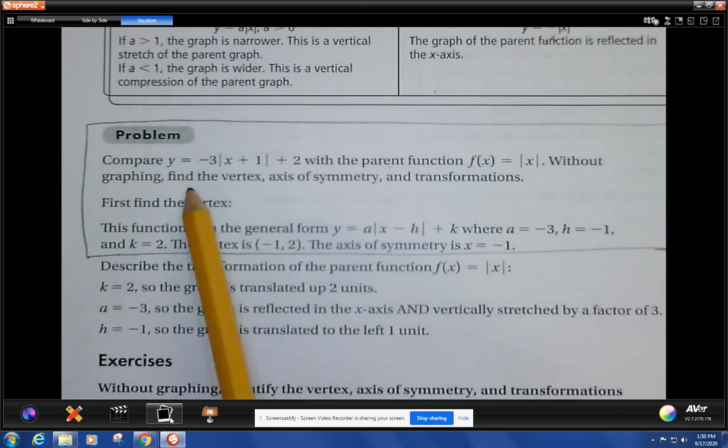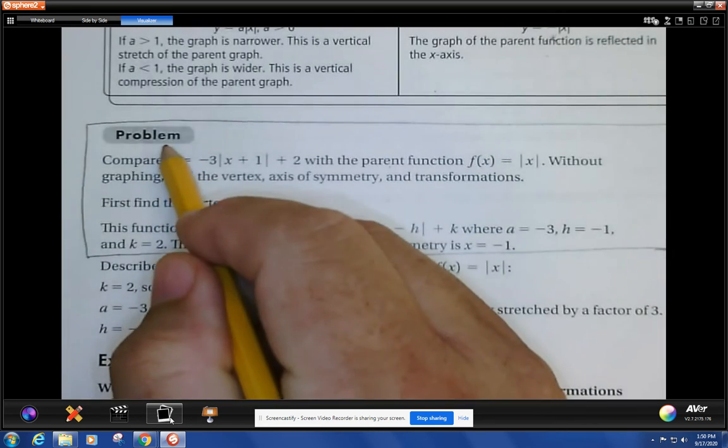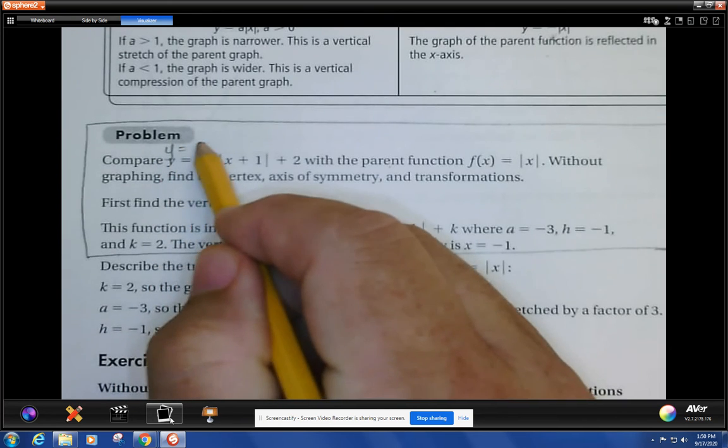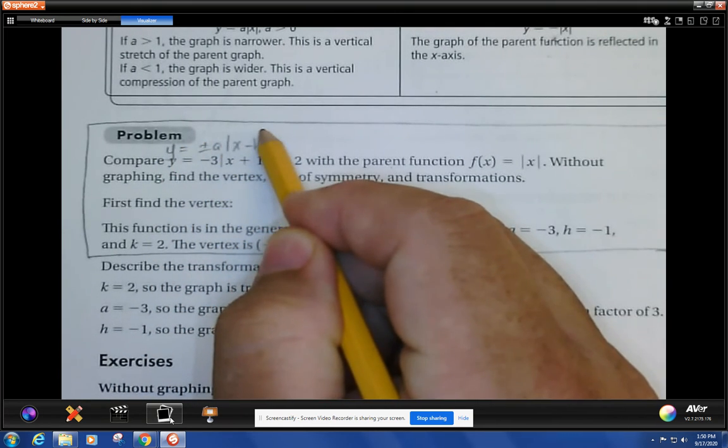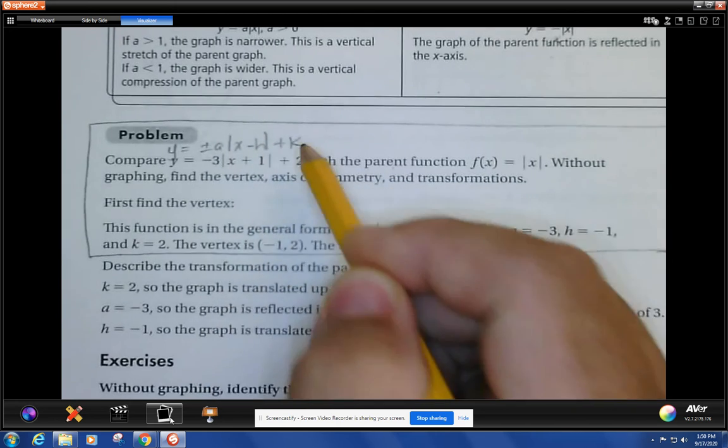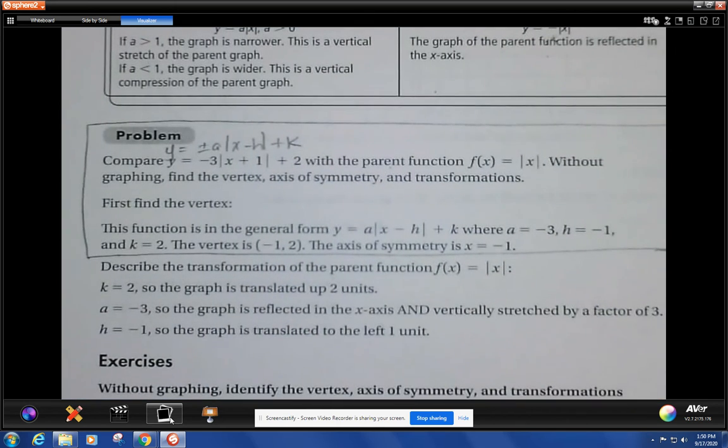Remember, this is already kind of written in the format that I need. So I'm going to go ahead and write that out again. y equals plus or minus a times the absolute value of (x minus h) plus k. Notice all of my values are right below my letters, and so we already understand that our vertex is very simply h and k. So in this case, I have a positive 1 here.